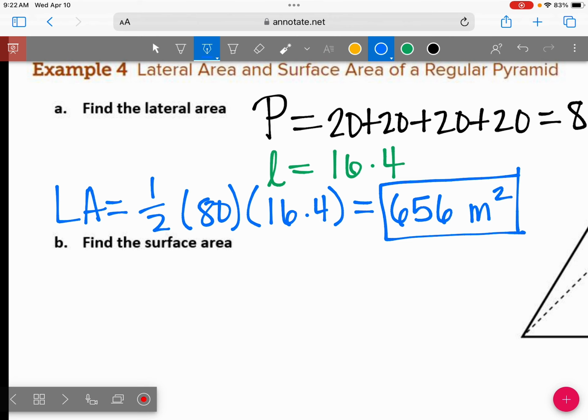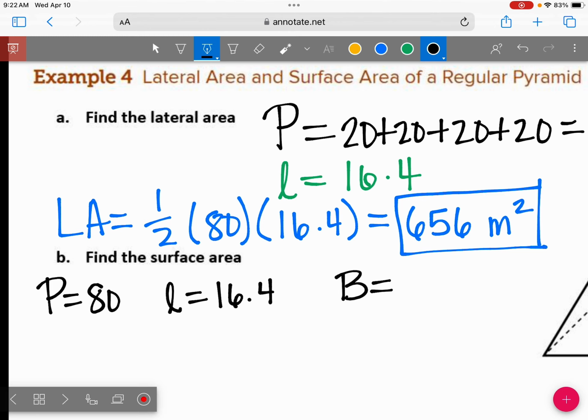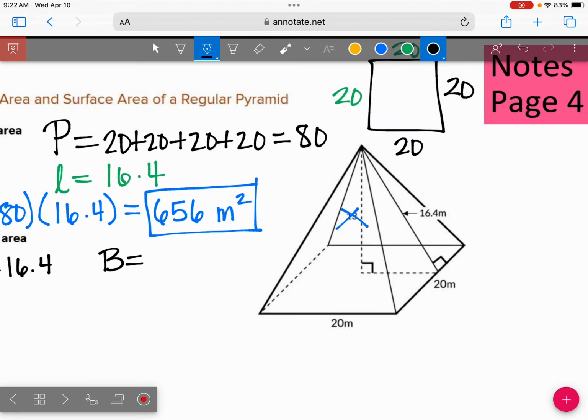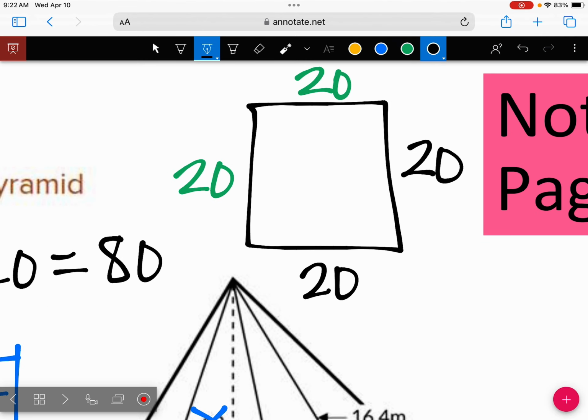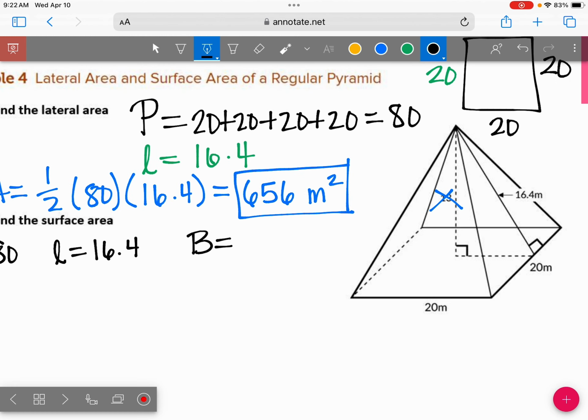For the surface area, we need to know three things. We need to know the perimeter, which is still going to be 80. I need to know my slant height, which is still 16.4. But I also need to know the area of the base. To find the area of a rectangle, you multiply length times width. So the area of the base will just be 20 times 20.